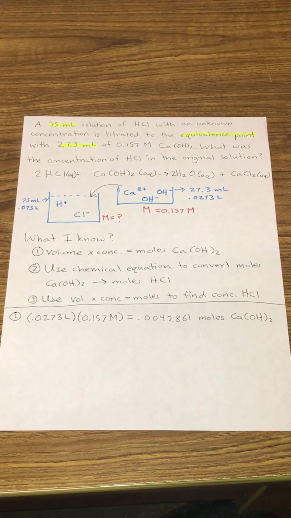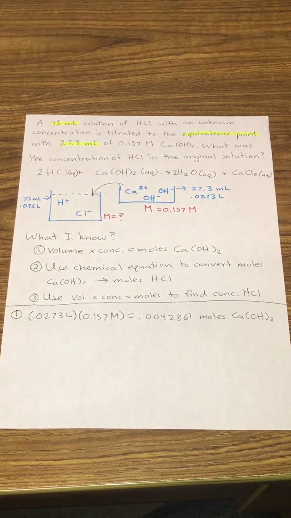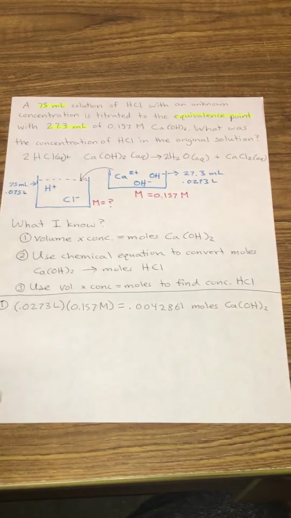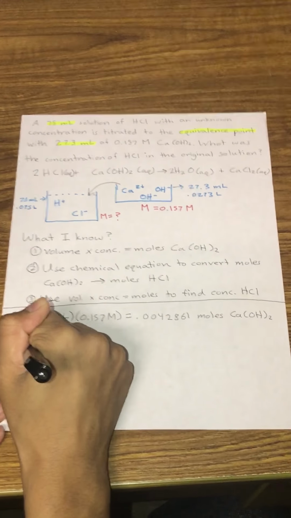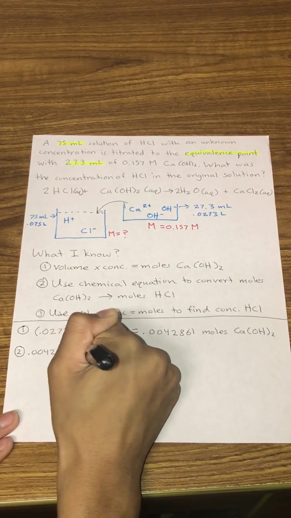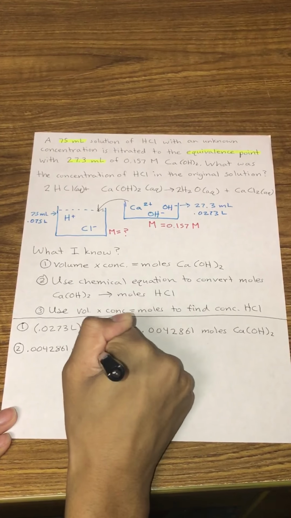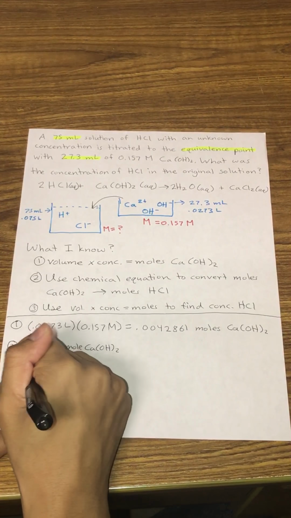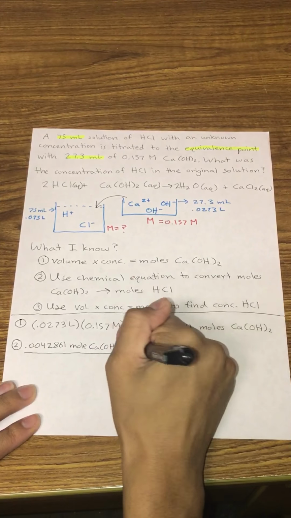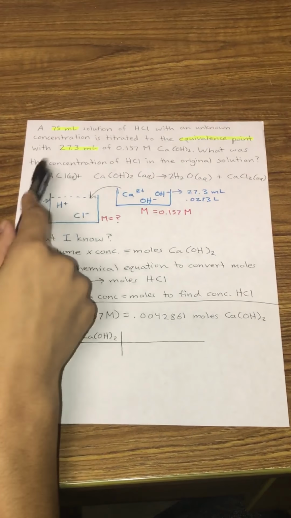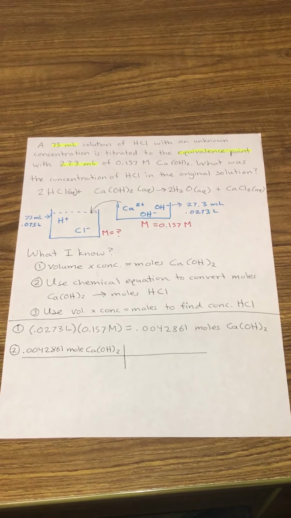So now that we have the moles of calcium hydroxide, we can convert that to moles of hydrochloric acid by using the mole-to-mole ratio. So we'll take 0.0042861 moles of calcium hydroxide, and we'll look at the balanced equation to find the ratio of moles.